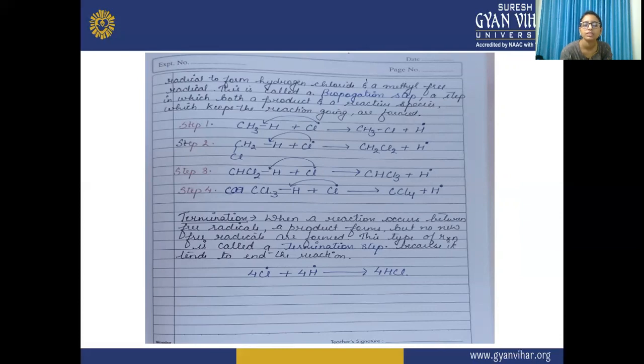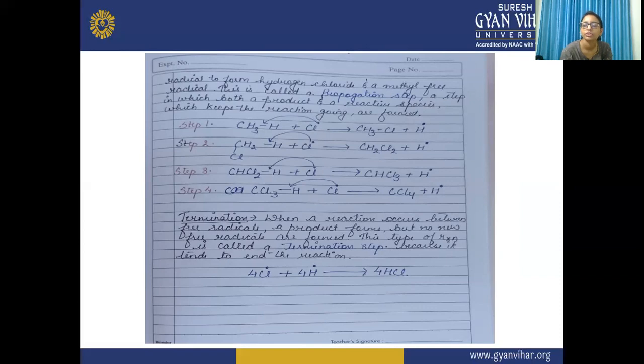In step 3, CHCl2H, again the Cl will react with this, will do the fission in this reaction, and thus the H free radical will be removed, abstracted out, and here the formation of chloroform occurs. Now in the next step 4, there is a trichloro chloroform.